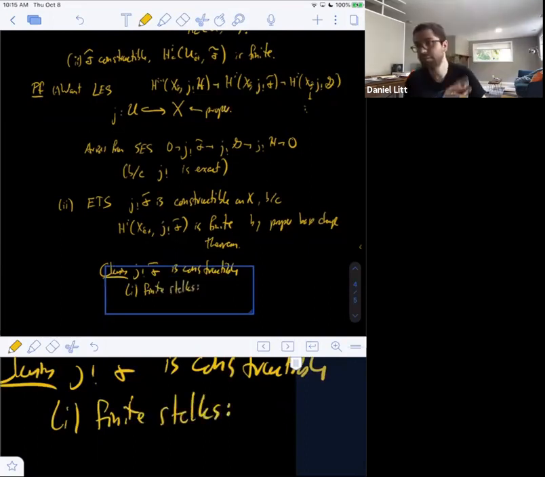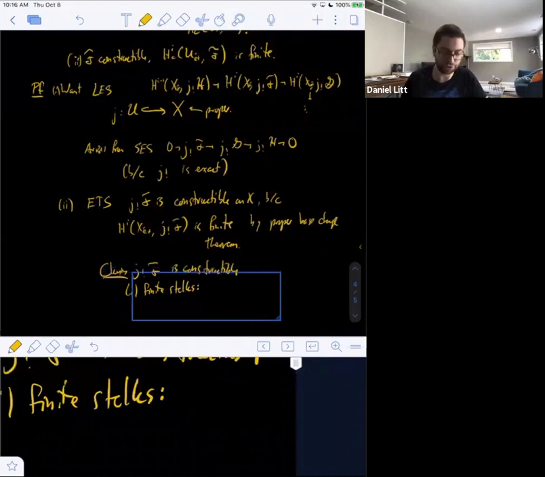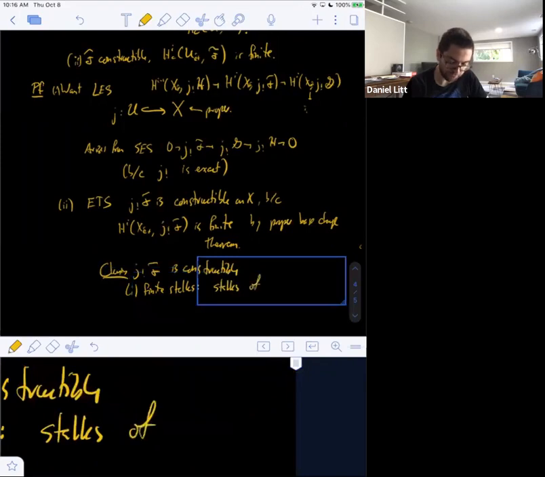So why is that? So F was assumed to be constructible already, and the stalks of j_!F are either 0 or the stalks of F. So basically we win because the stalks of F are already finite.